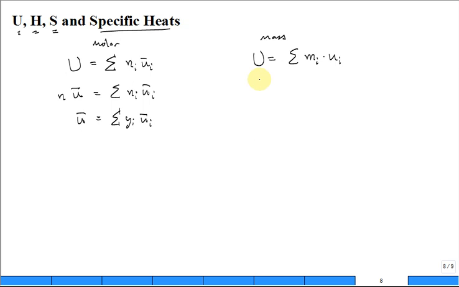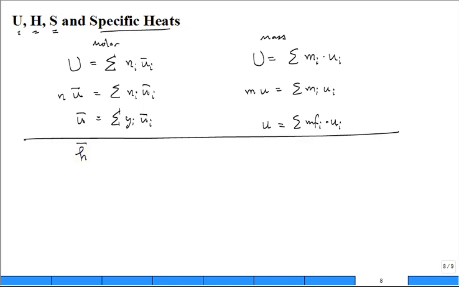Likewise, you do the same thing here. This is the mass times U is equal to the sum of M sub I, U sub I, and then you get that the mixture internal energy is equal to the sum of the mass fractions times each component's internal energy. Can you believe that that would be the same for H?